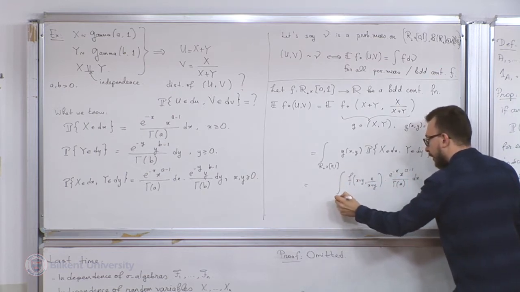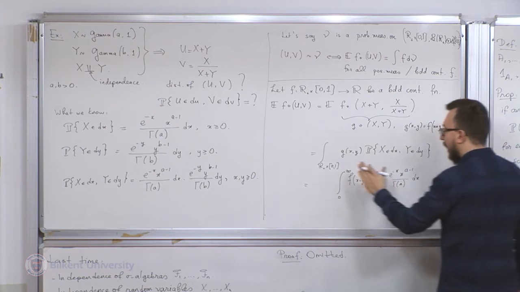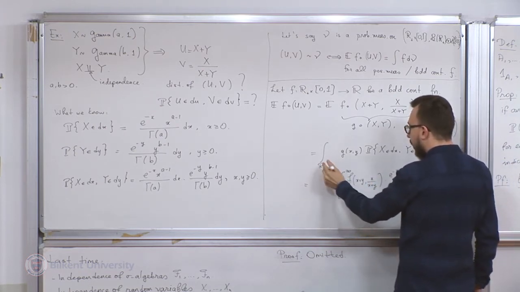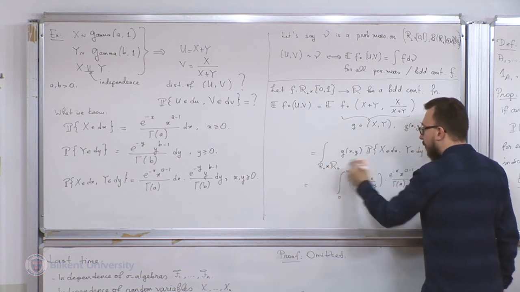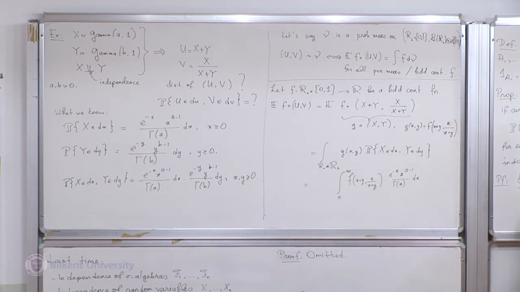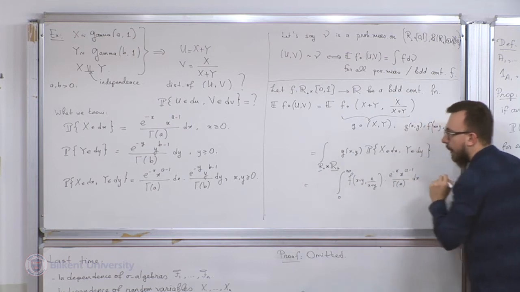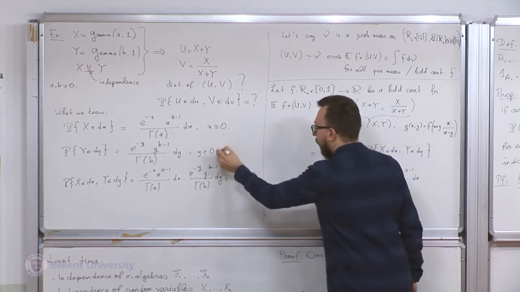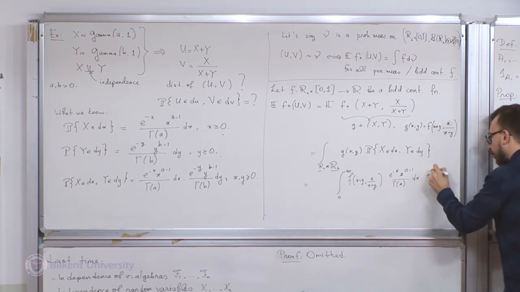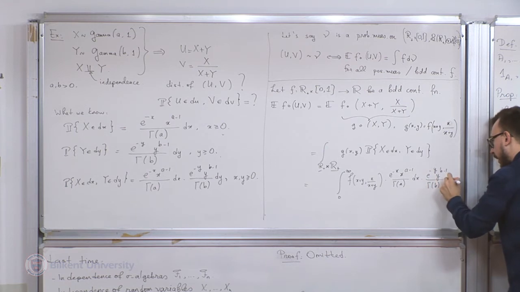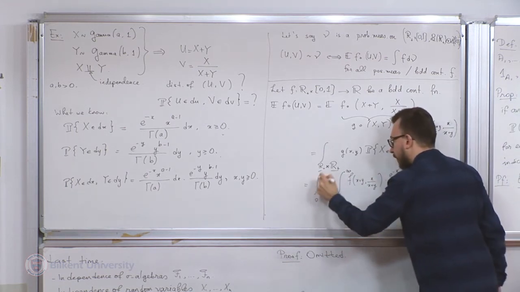This is from 0 to infinity. Well, I made a mistake. This is now about x and y. They are both positive. Okay? This is for x. This is for y. They are both positive. Okay? So then the distribution of y, dy, 0 to infinity.